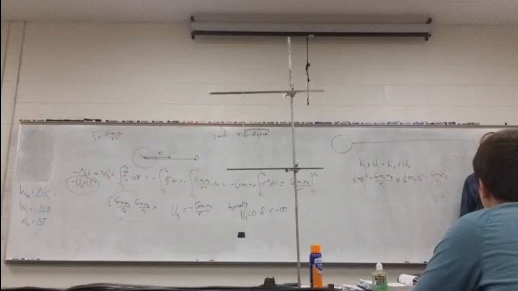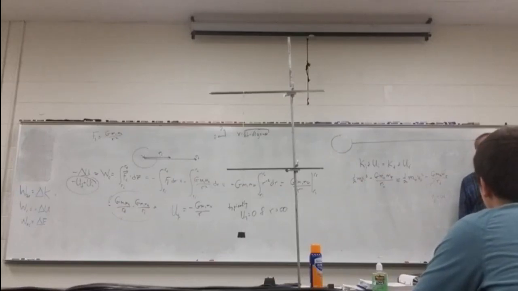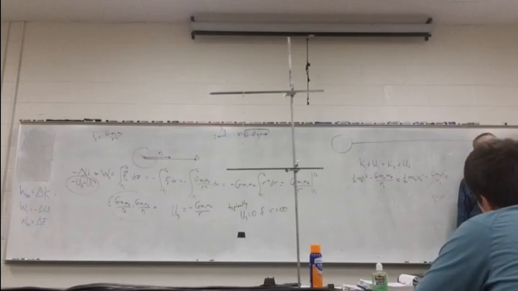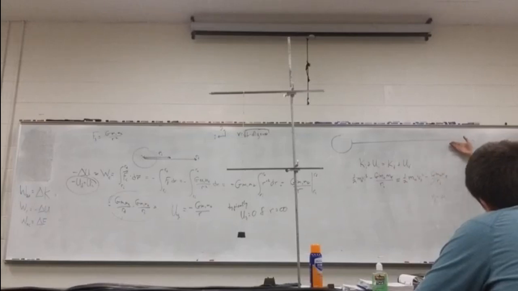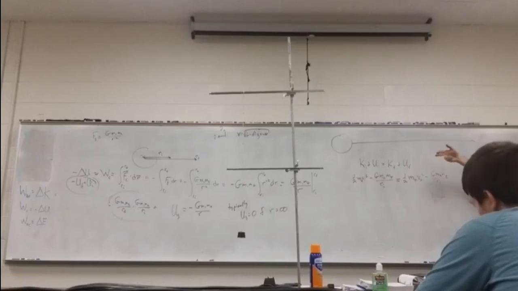All right, if I throw something up into the air, what happens to it as it's going away from the planet? It slows down. So as the thing is being shot away from the planet here, it is slowing down. We're trying to find the minimum speed required in order to launch this, not the maximum speed to launch it.